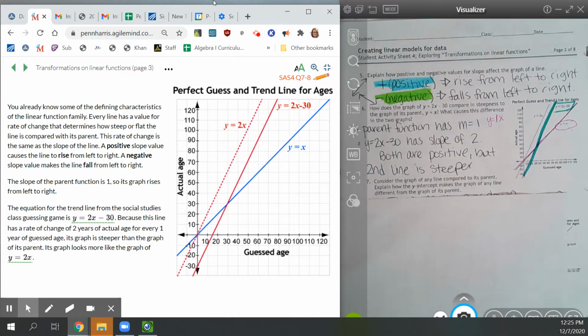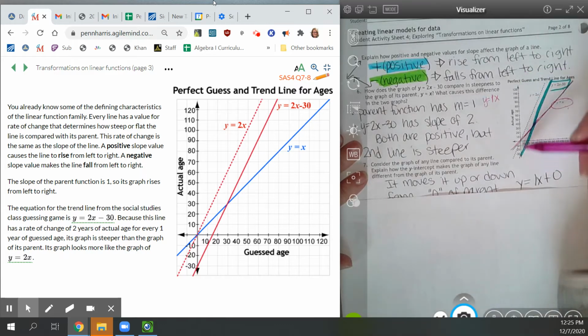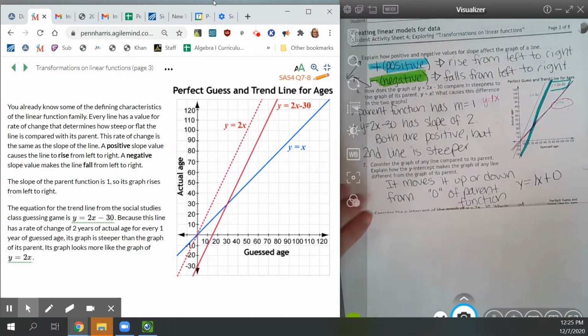Okay, something else. Let's go back and look at these graphs. They want to know, how is the y-intercept different? Well, the y-intercept is what moves our graph up or down. Remember, starting on b, it's our movement up or down. So when I look at the parent function, it has a y-intercept of 0.